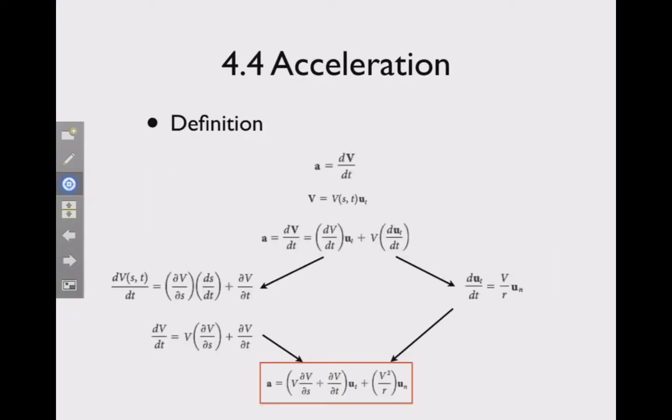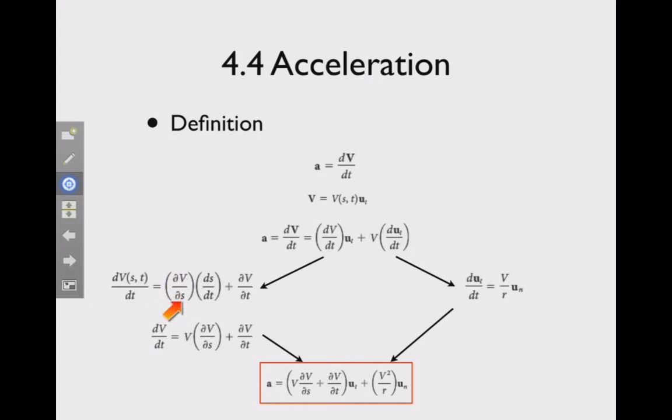And if we also take dv dt and go down the left side here, we can again use the chain rule. We know that v is a function of both location s, which could be x, y, or z, and also time. So we have to take the partial derivative here.